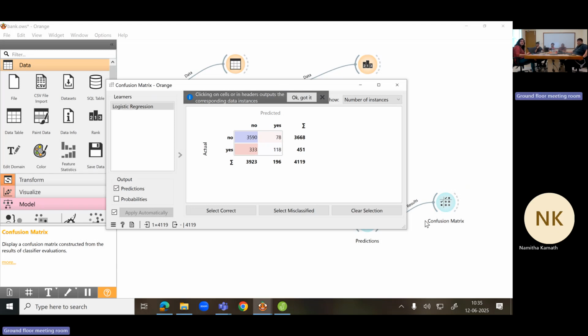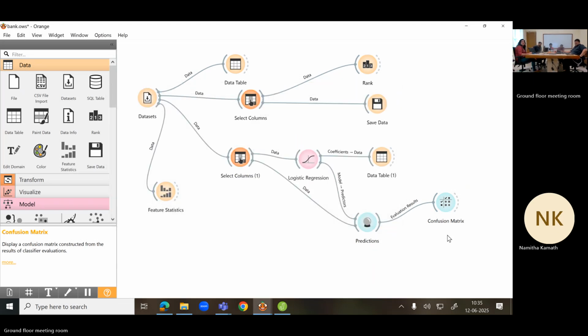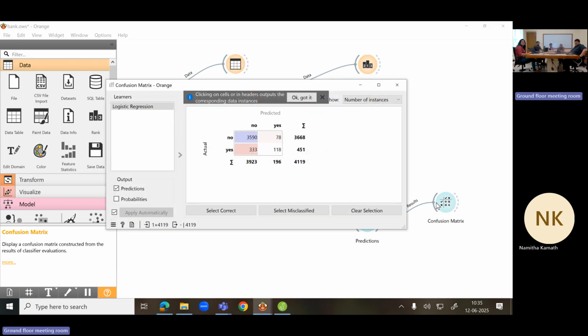Now, with this situation, do you think the logistic regression will pass? How do I assess the logistic regression's accuracy now?